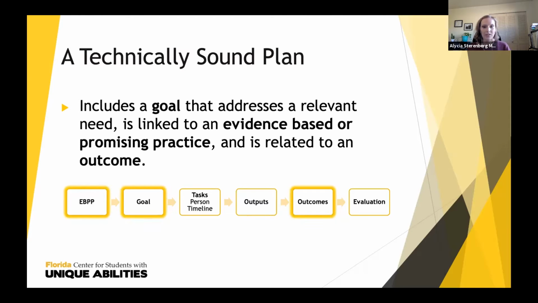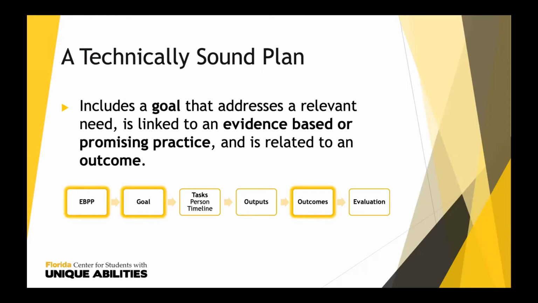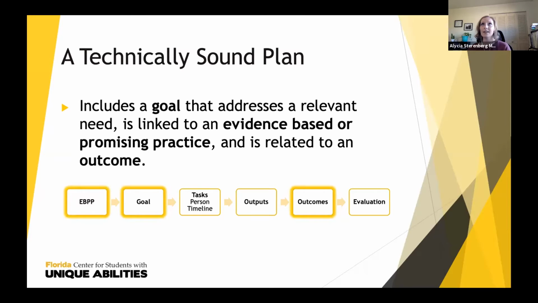Let's think about what we do as facilitators when we sit down with our teams. So we first have the teams assess their needs and their strengths based on all of the evidence base and promising practices from the taxonomy with post-secondary comprehensive programs. And then what the team does is they evaluate their strengths and needs, and then they indicate a priority.